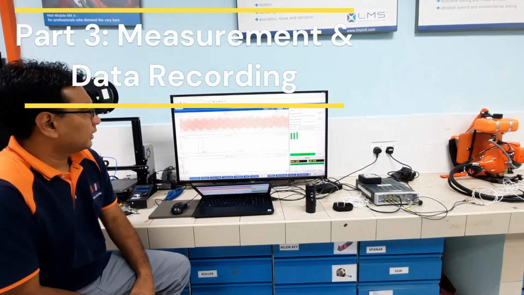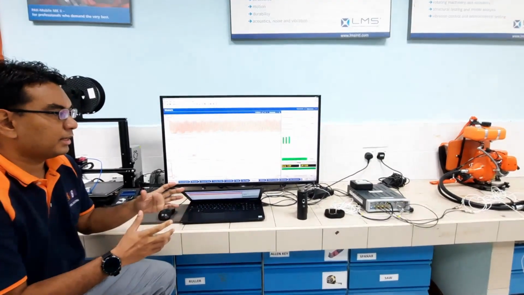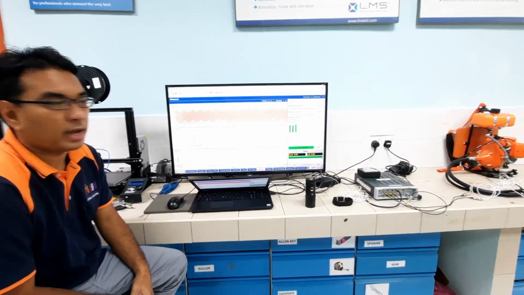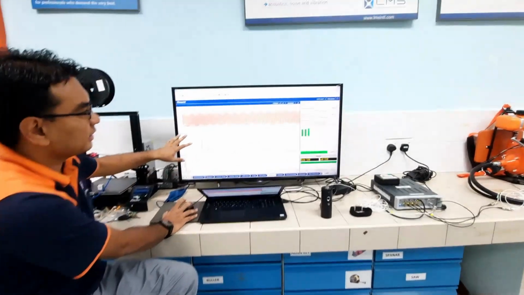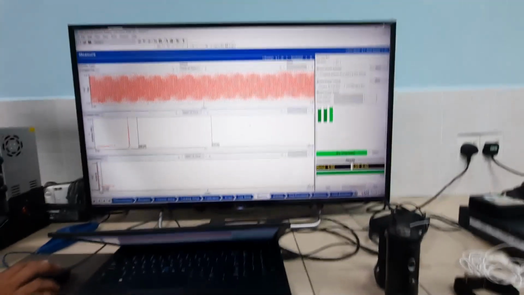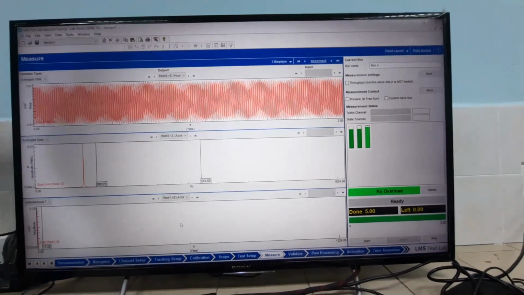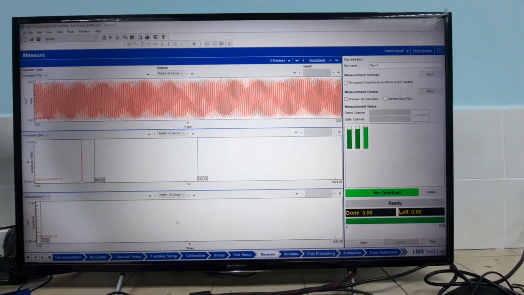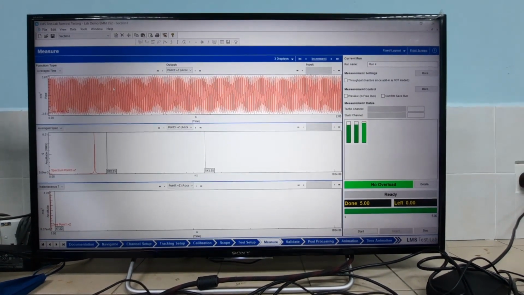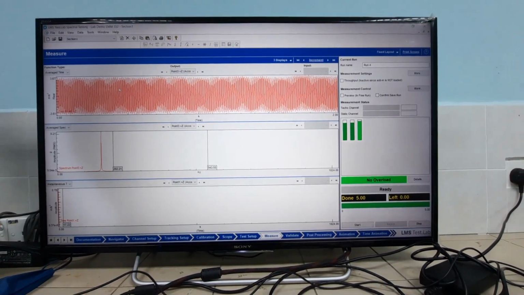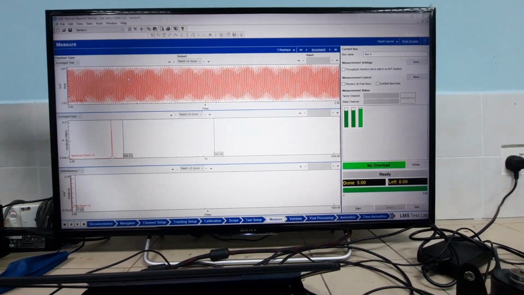Just now I showed you the calibration section. After we calibrate and make sure our accelerometers function well, we can start measuring. This is the section where we start measuring the vibration data. There are three sections, each representing one accelerometer: at the handle, shaft, and hand. This data I just demonstrated uses the calibration vibration at a frequency of 159 Hz.